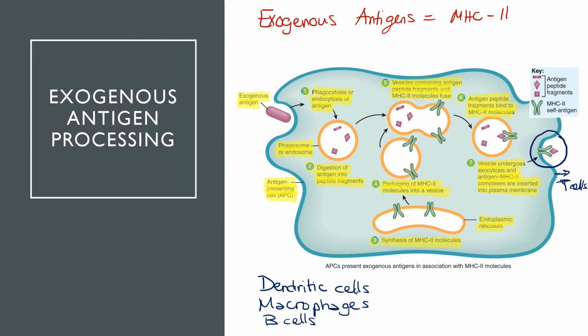Now, when a peptide fragment comes from a self protein, T cells will ignore the antigen MHC complex. If it's from a self protein peptide fragment, then the T cells will ignore it.